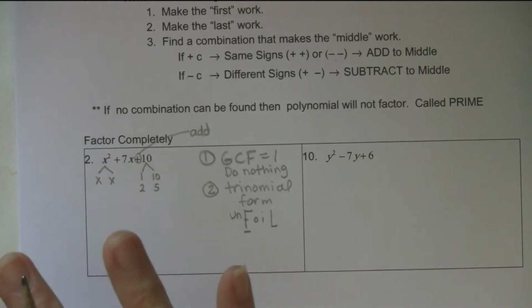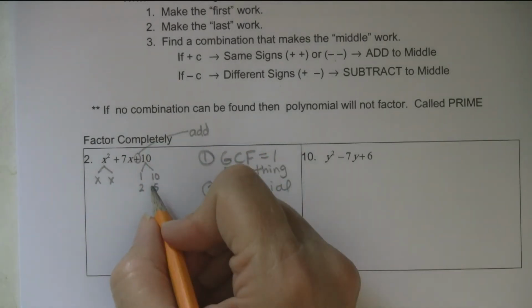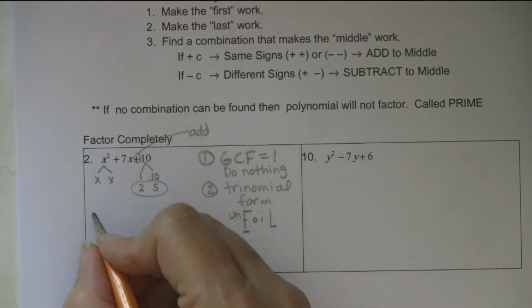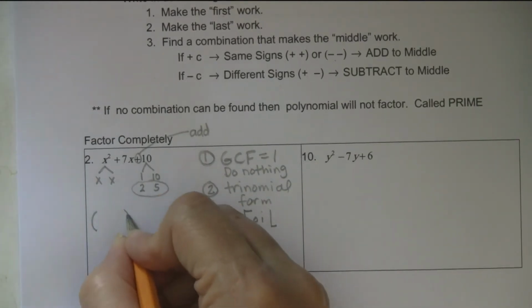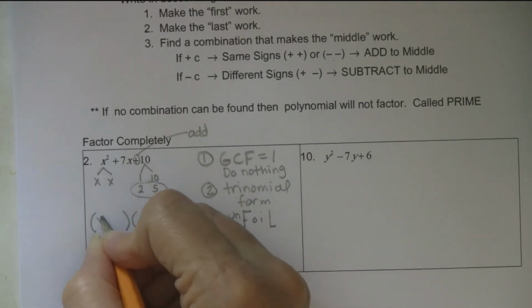And I'm going to show you that the x is working. So I know that it's 7x, but the x, I already have it. You might not see that I have the x, but trust me just for a second. Yeah, 2 and 5, when you add those, give 7, right? So what you put down here in the first places are x and x.